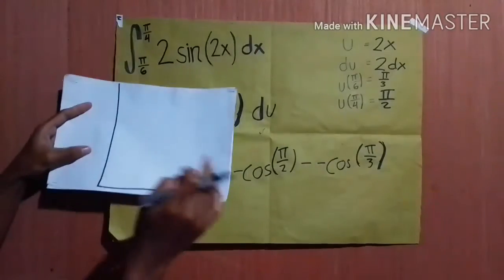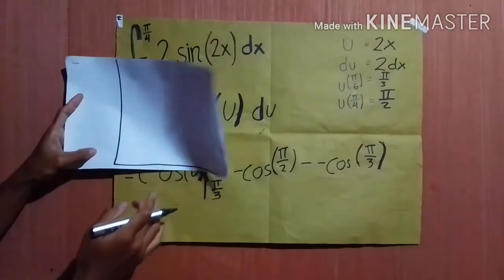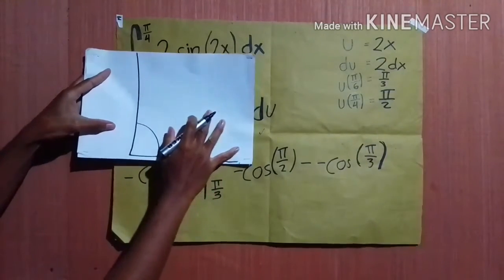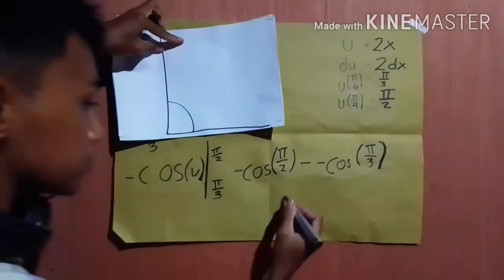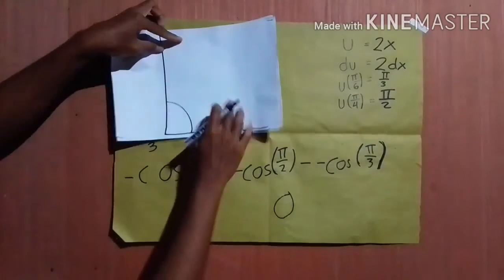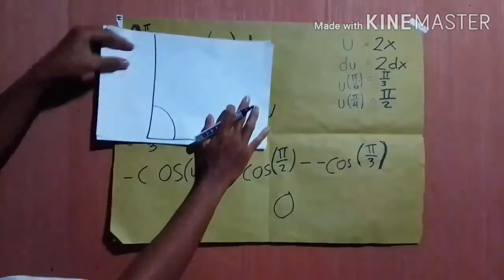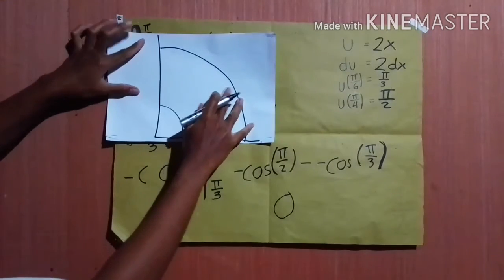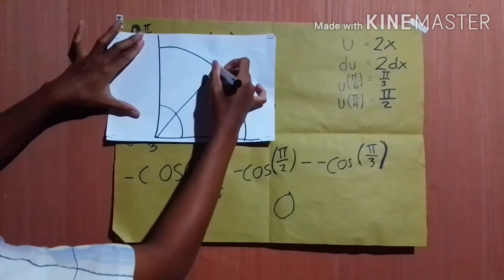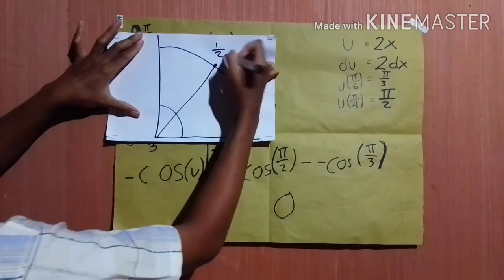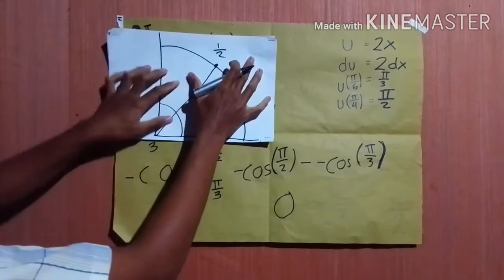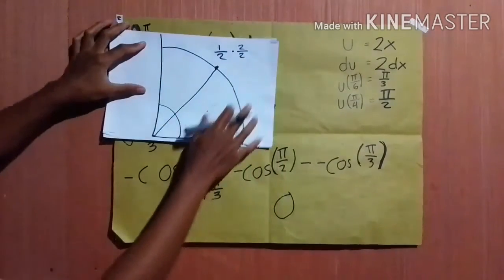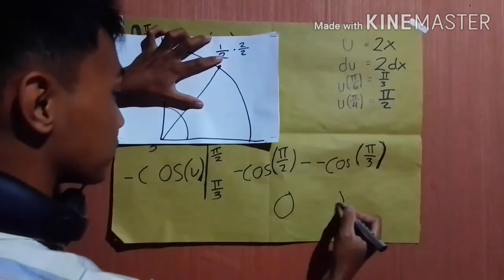So, going up to look at the answer. Cosine of pi over 2 is 0. And the cosine of pi over 3 is 1/2. So 1/2, and 1/2 times 2 over 2 is also 1/2.